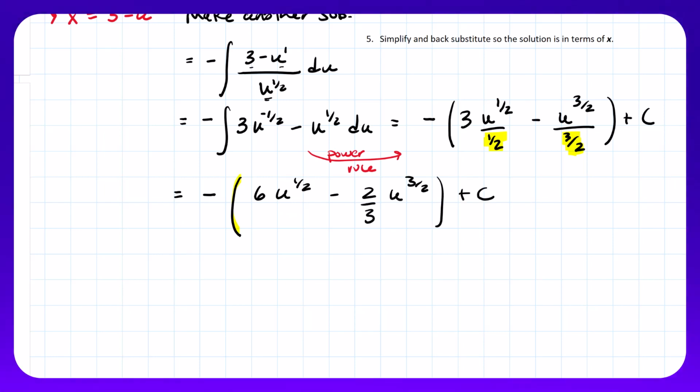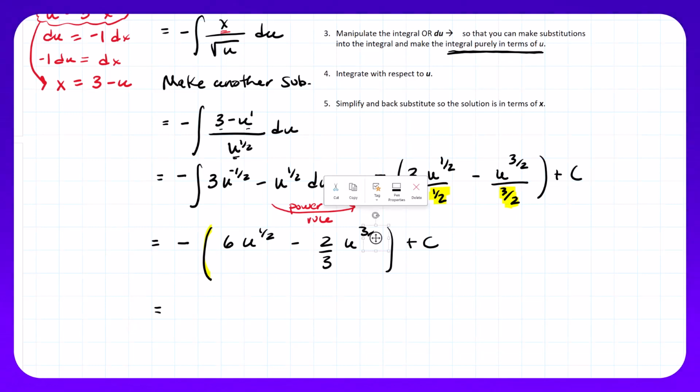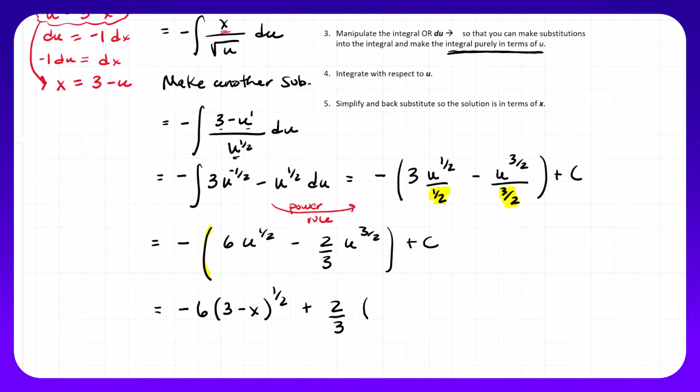I'm going to go ahead and distribute the negative and substitute my u back in. U, remember, we defined as 3 minus x, so now I can plug that back in. So I get negative 6 times the quantity, 3 minus x to the 1/2, plus 2/3 times 3 minus x to the 3/2 plus c.